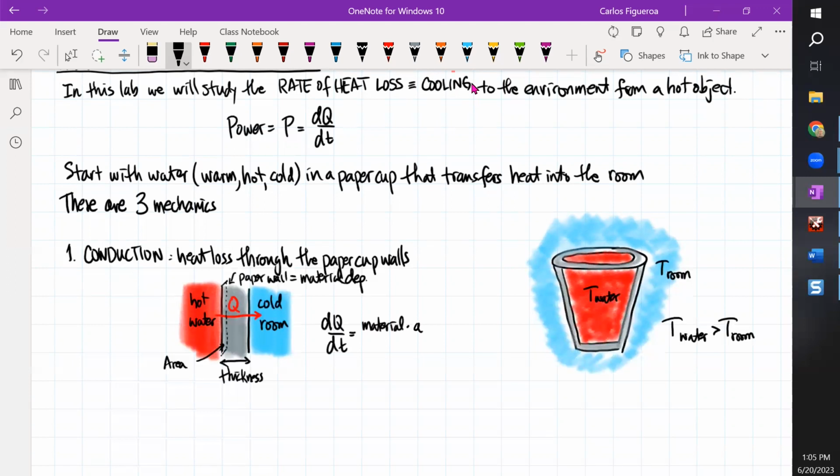It's going to depend also on the area. So if I have a bigger area, I'm going to have more heat transfer. And the thicker the wall is, the less heat's going to transfer. So it should depend also on the thickness of the wall. And then it should depend on the temperature difference. That is, if I have a hotter fluid inside the cup and a colder room outside, I'm going to get higher transfer than if I had a lower hot water temperature and a warmer room temperature. So it should depend on temperature.